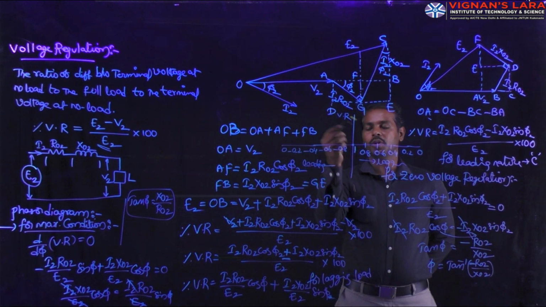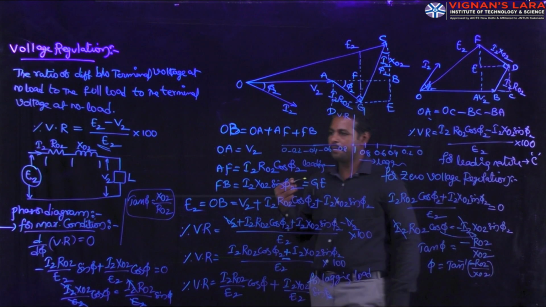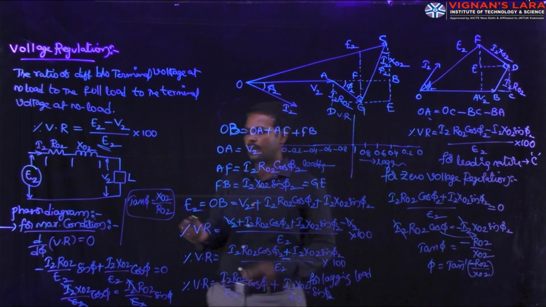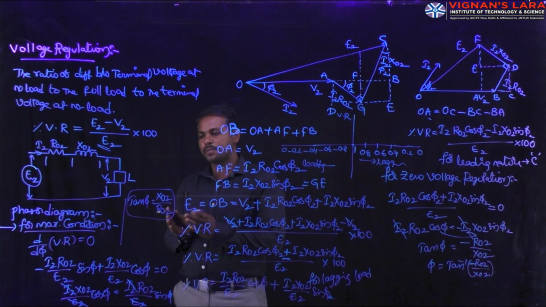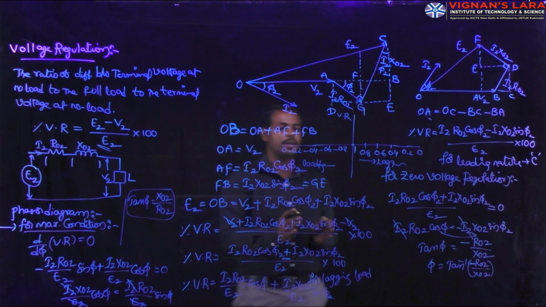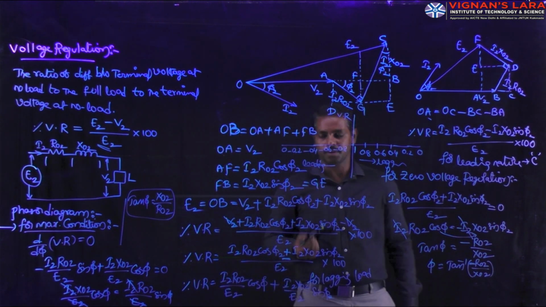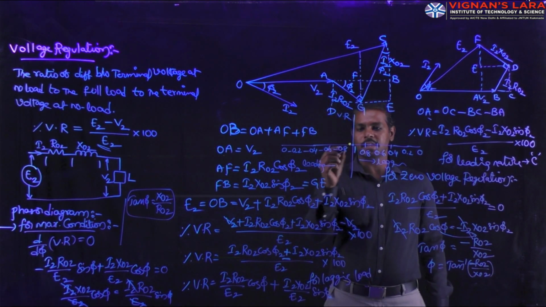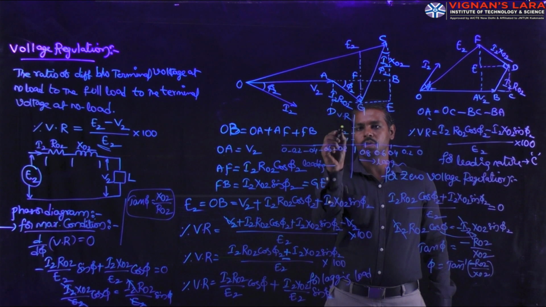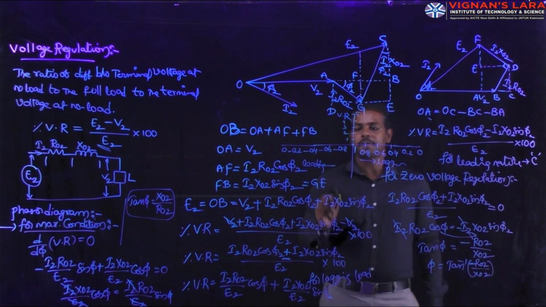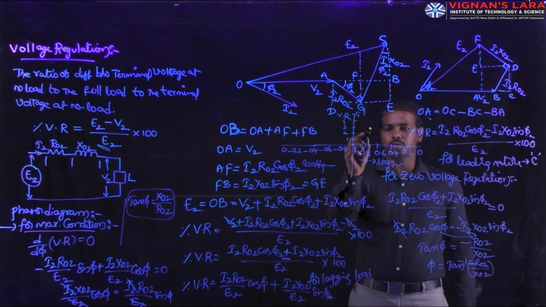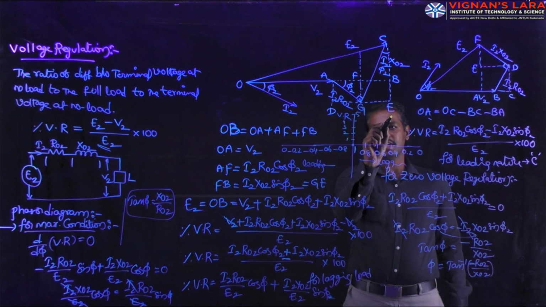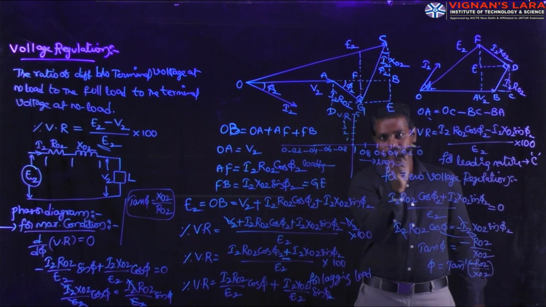For an efficient transformer, or when the working condition of a transformer is very excellent, then only the voltage regulation is 0. For an ideal transformer, voltage regulation is 0. So the voltage regulation is always a smaller value, 1, 2, 3, 4 and 5. Maximum voltage regulation always occurs at the lagging power factors.